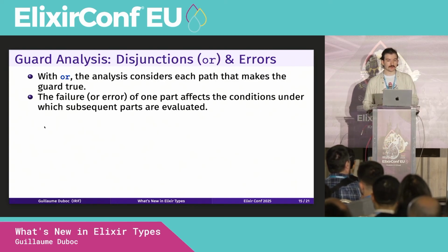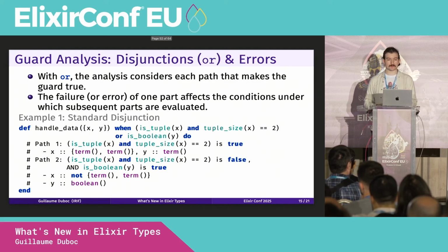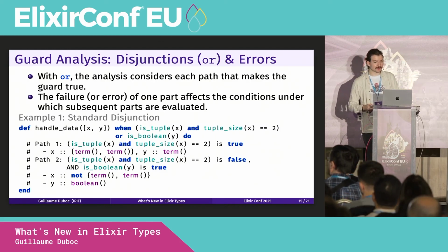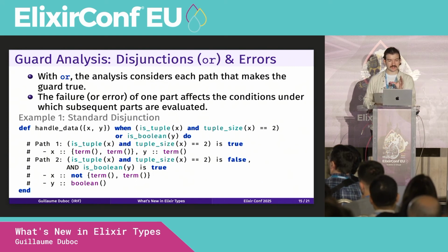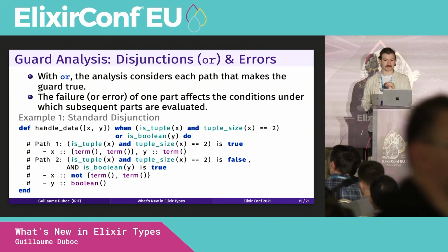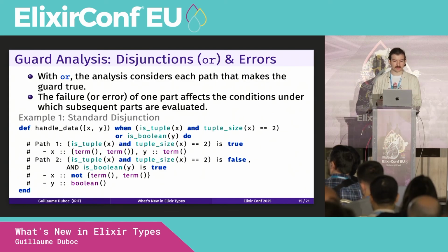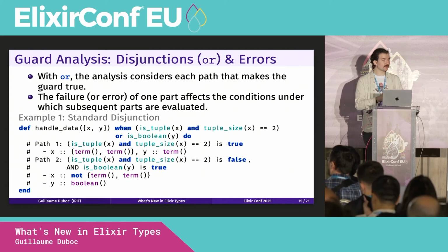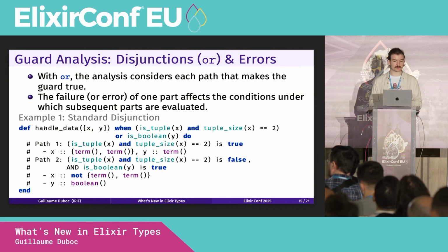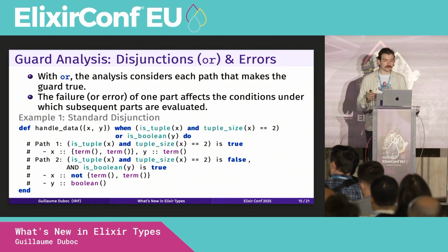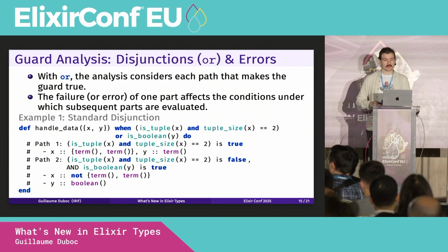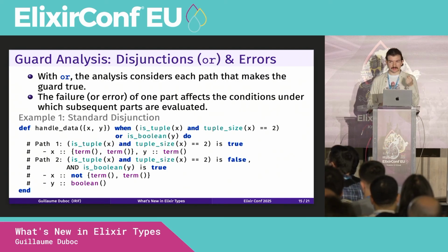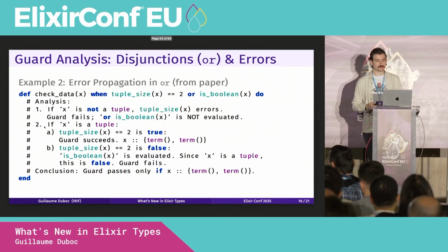So we have to consider that when doing the analysis. So here, if we have is-tuple X and tuple size X is 2, if this is true, we know that X is a pair, and there's no other constraint on Y. And if this is false, we know that X is not a pair, and that Y is a Boolean.